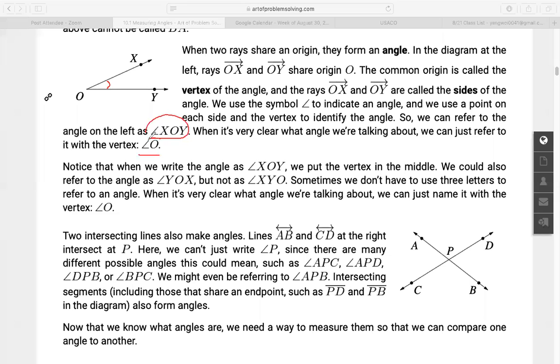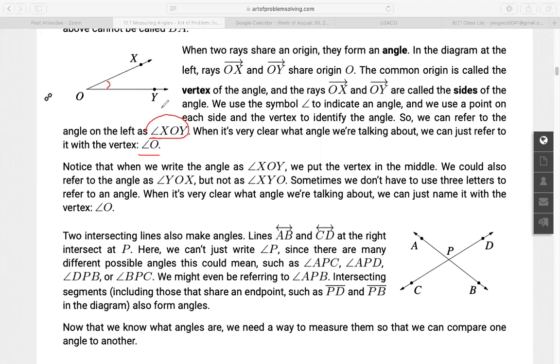So you can write angle O, right? Because here you do not make any confusion. So you can use angle O to denote this angle. You can also use XOY to represent this angle.